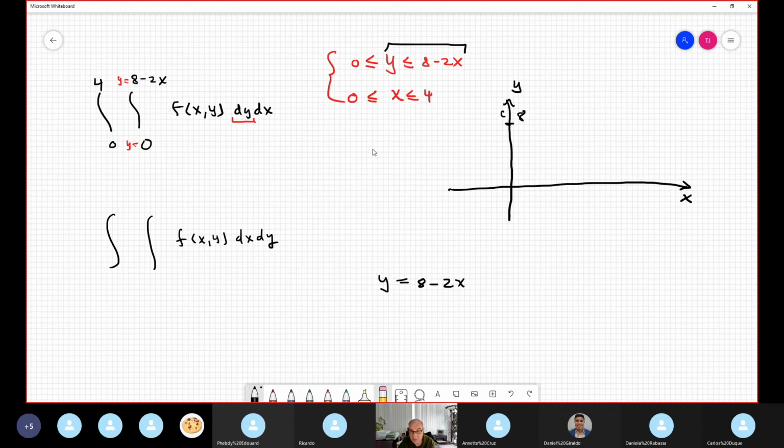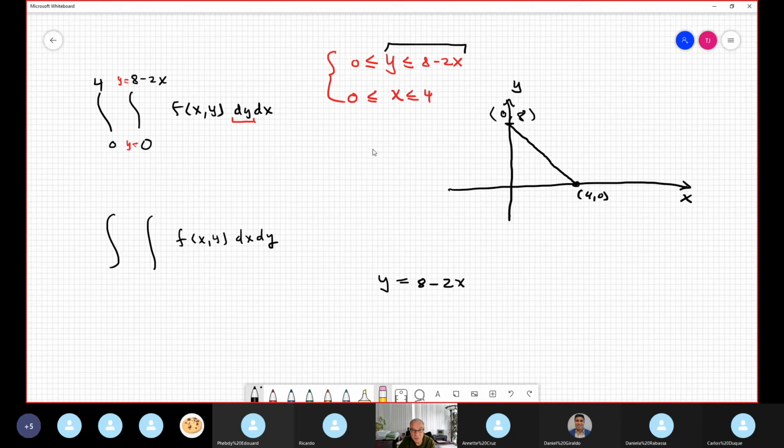At that point is the point 0,8. Its slope, negative 2, is going down. The x-intercept is obviously 4,0. I suppose that you know very well, right? So when the y is 0, 4 times 2 is a minus a is 0. Okay, this is my region.